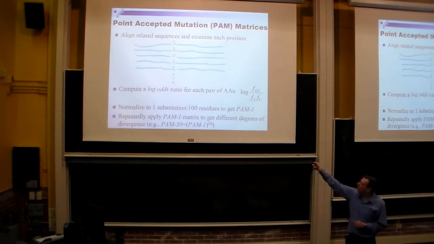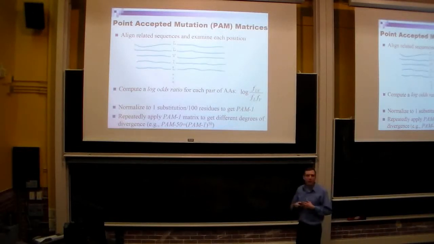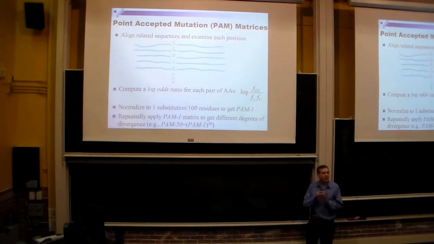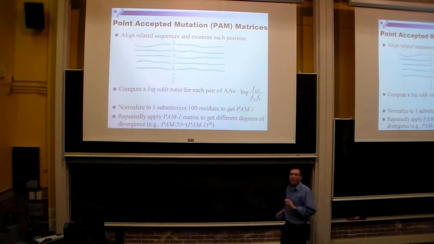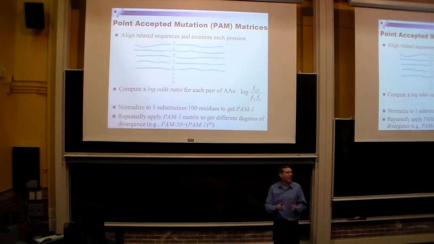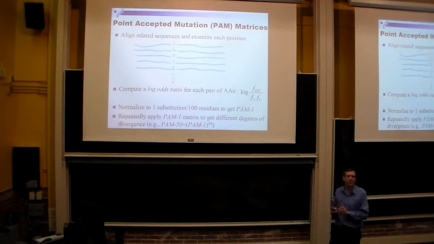And in a PAM matrix, the way this is done is to get all of these log odds ratios and normalize. You get something that's more or less telling you, on average, over a small unit of evolutionary time, how frequently any one amino acid is substituted for any other. We call that a PAM1 matrix. You can think of that as a way of taking any given sequence and generating a distribution of possible sequences that we would expect it to evolve into a short time later.